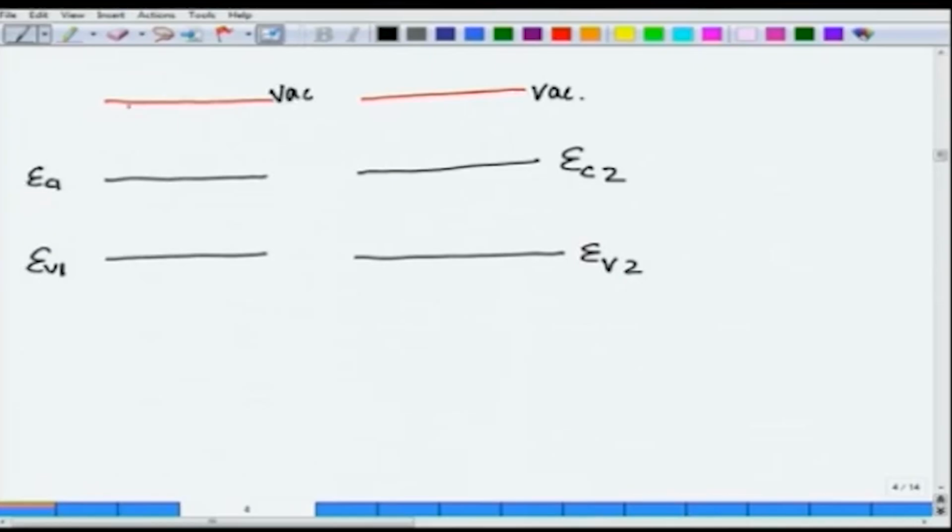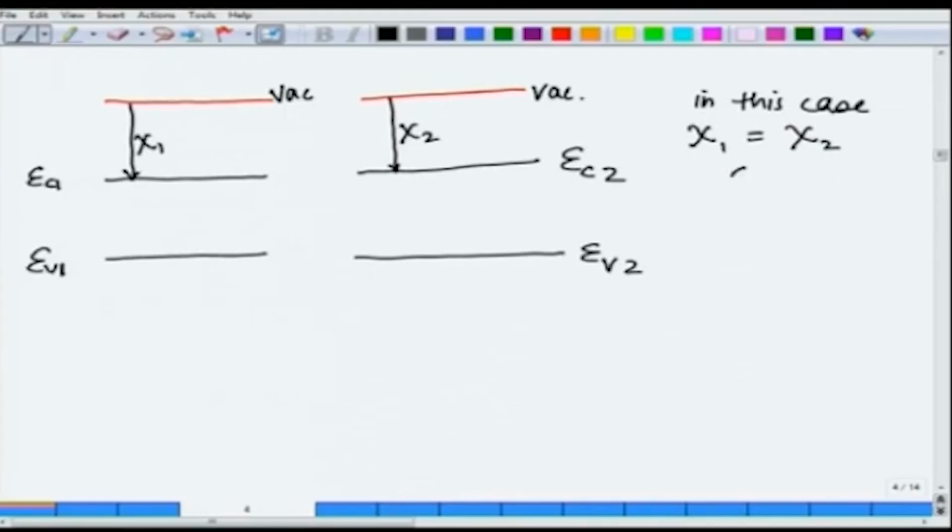So, this is the affinity of electron, call it 1, and this is the affinity of electron, call it 2, and in this case it is equal to the same electron affinity.